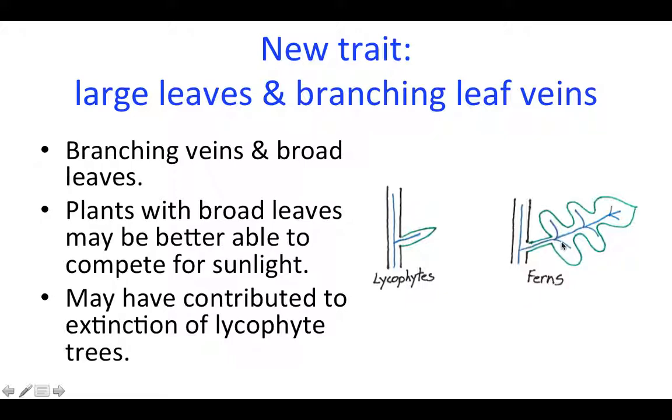This is going to give additional structural support, but more importantly, it's going to allow leaf tissue that is far from that central vein to still be able to send its photosynthetic products back to the vasculature such that its sugar, for example, can then be sent to other parts of the plant.